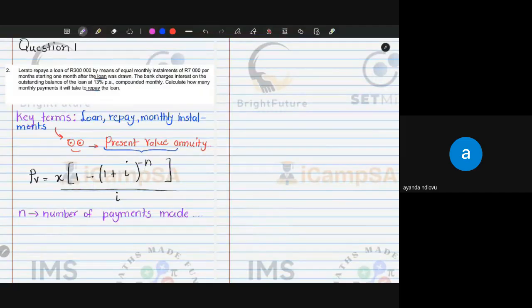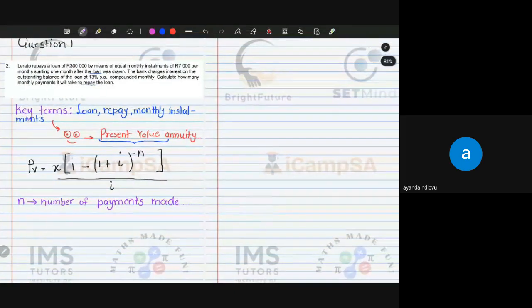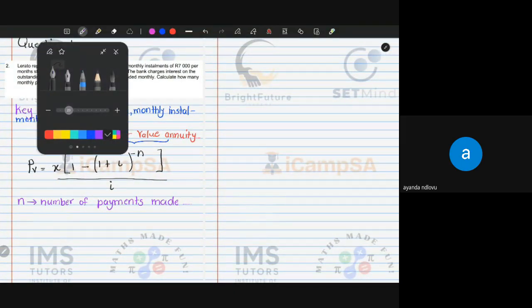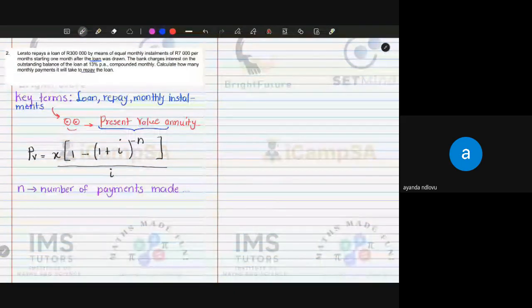So if you think carefully, if we are making monthly payments for 5 years, that means you will take 12 multiplied by 5. So let's take that approach, and then I'll use the one which has the compounding period.